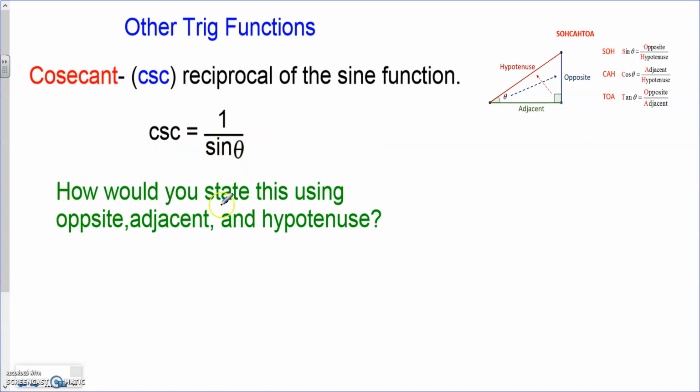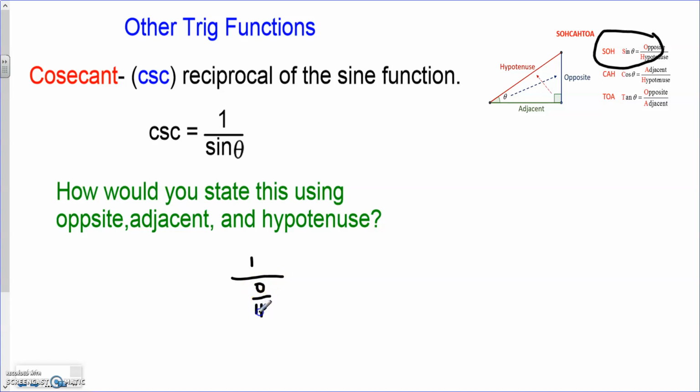Here, this question, how would you state this using opposite, adjacent, and hypotenuse? Well, if you think about your SOHCAHTOA from a few weeks ago, sine is opposite over hypotenuse, right? The cosecant is 1 over that, so 1 over the opposite over the hypotenuse.